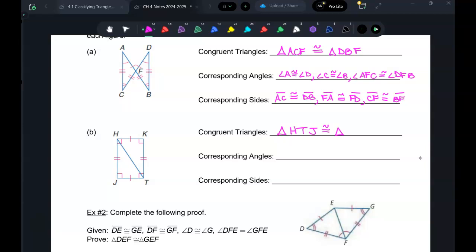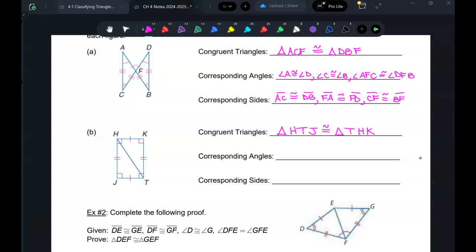But I have to make sure that these two triangles are switched upside down. Instead of H, it would be T. If you put your letters in this order, you have to do the second one to match, but the first one you can switch around however you want.